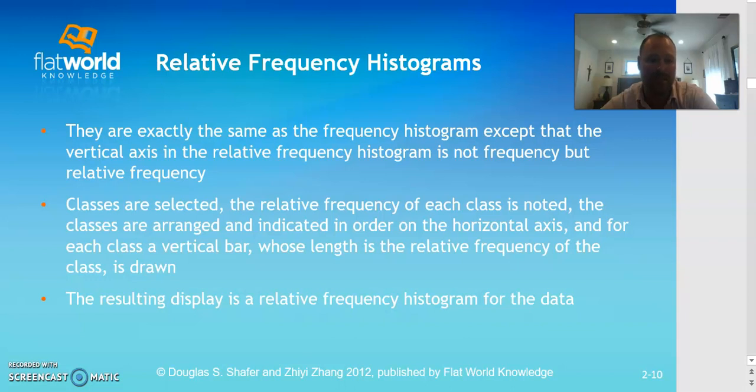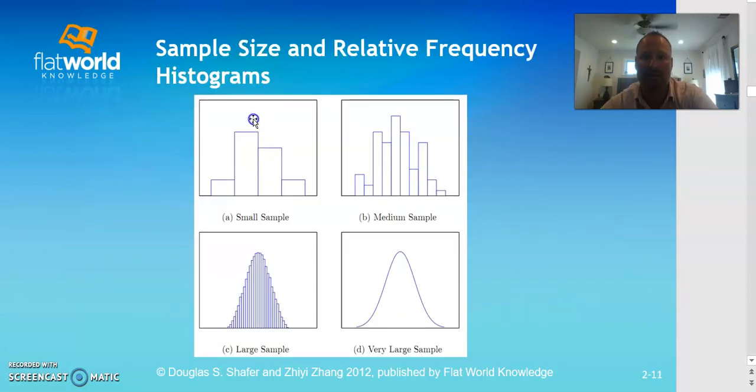Okay, so if we take a look at this sample size and relative frequency histogram. This is a small sample size, this is a medium sample size, this is a large sample size, and notice when you have a large sample size, it's actually forming a shape of some sort. This is what we would call a bell curve, a standard normal bell curve, all right?